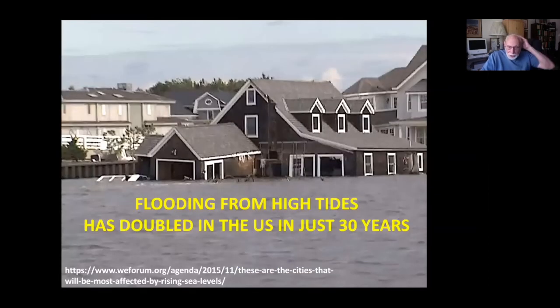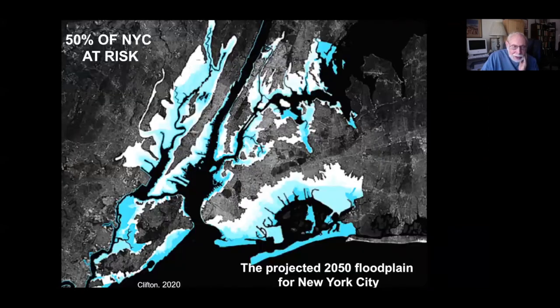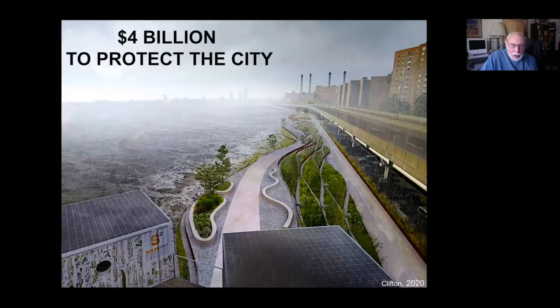Flooding from high tides in the US has doubled in just 30 years. 50% of New York City is considered to be at risk. And to protect the city, it's going to cost about $4 billion. And this was a few years ago. It's probably gone up since that time.